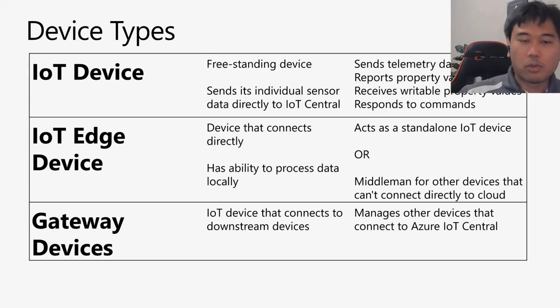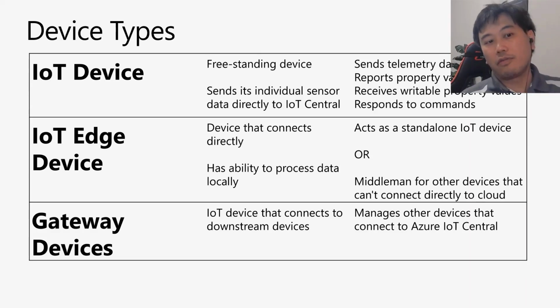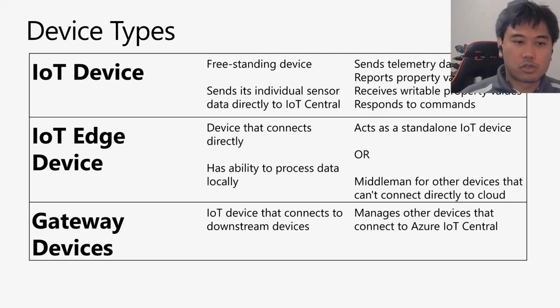The gateway device is kind of like a broker where it can receive data from IoT Central, and then these devices can send it on a different, maybe a different protocol, to send commands specifically to an IoT device. So those are the three things.